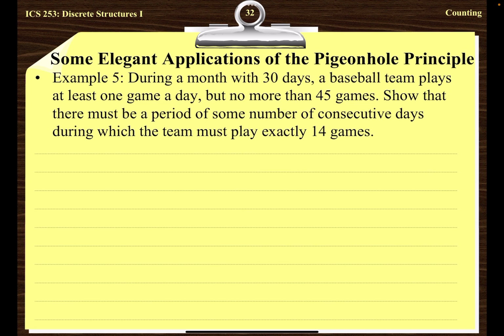During a month with 30 days, a baseball team plays at least one game a day. But it will not play a total of more than 45 games in the 30 days, in the whole 30 days.